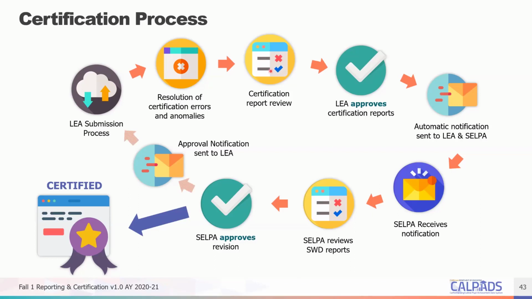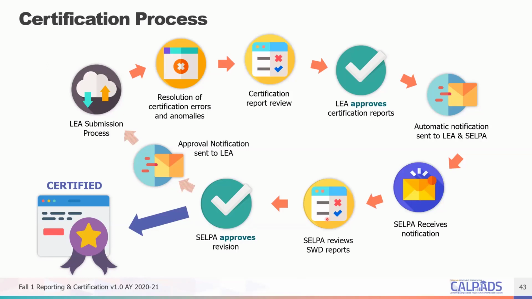your reports. If you believe that the reports are accurate, you then click on the LEA approve button, which sends a notification to you and to your SELPA stating that you clicked on the LEA approve button. Your SELPA will then receive that notification.